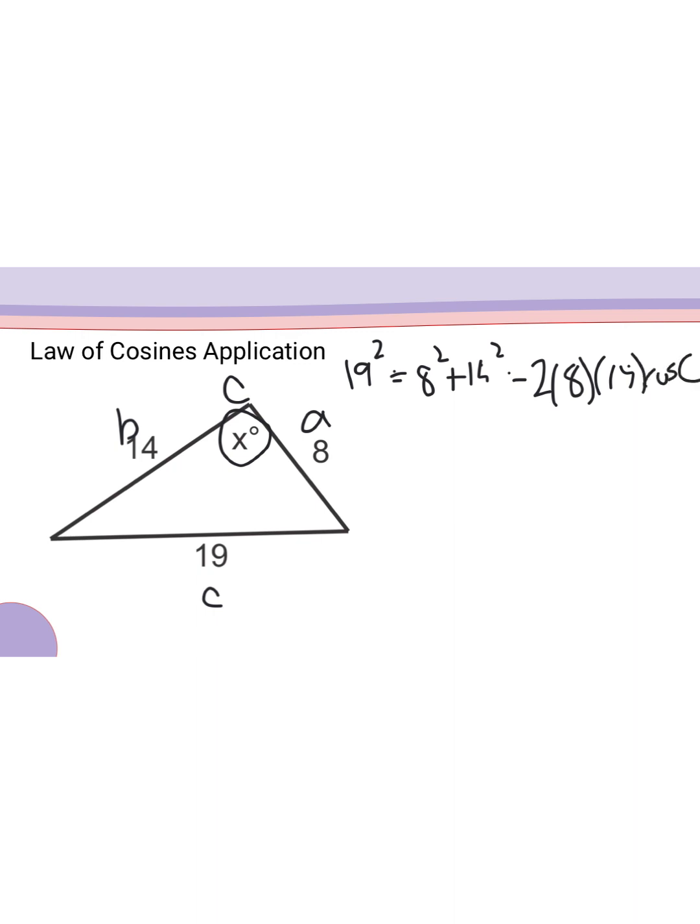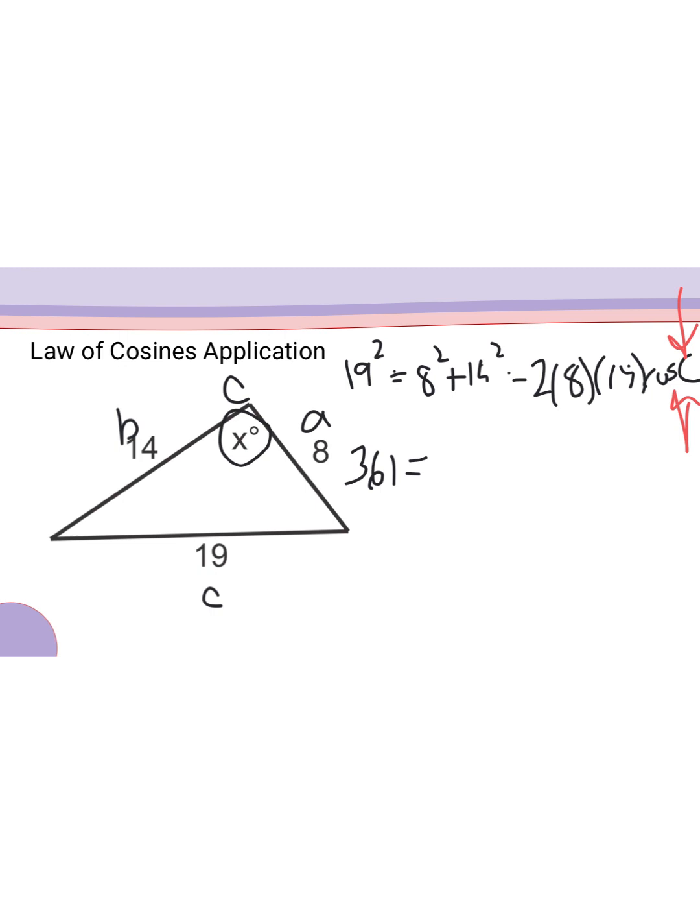cosine of C. Now, again, I don't have C, but what I can do is just plug all these pieces in. A few small steps at a time make this a really easy problem.